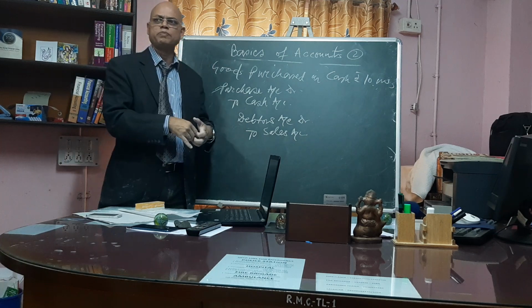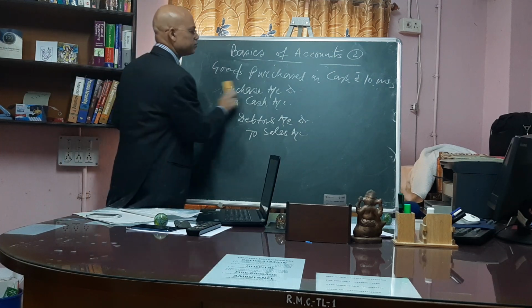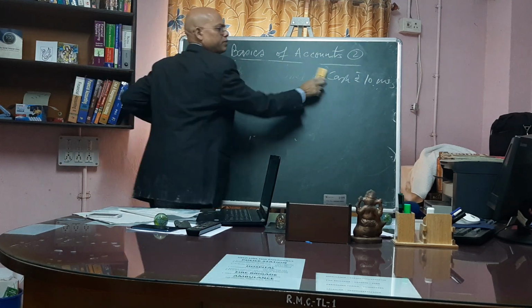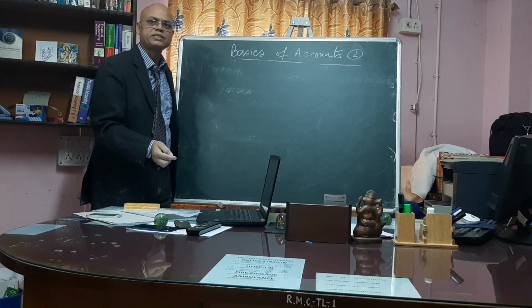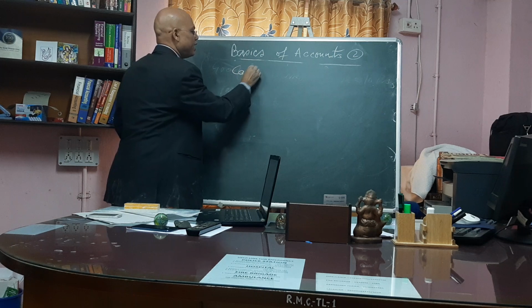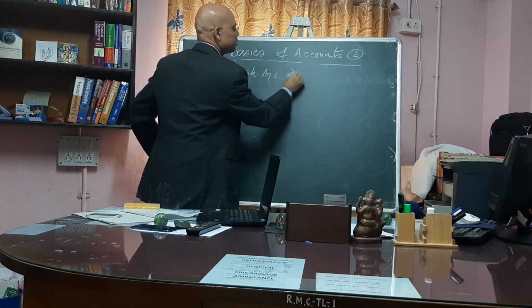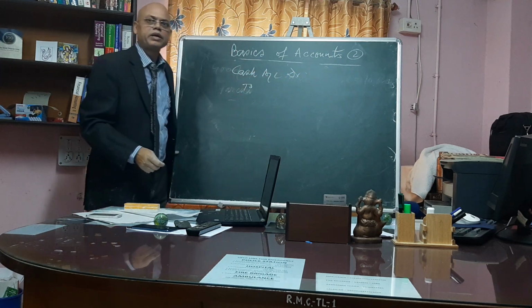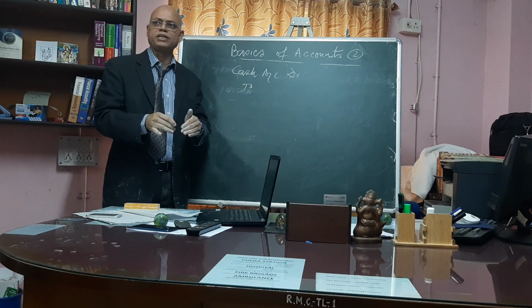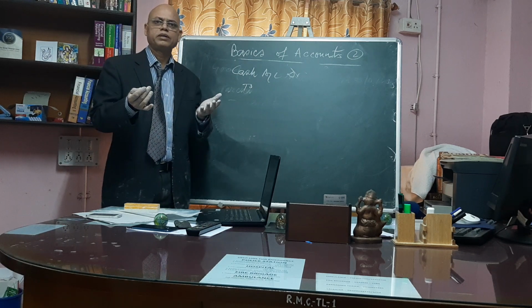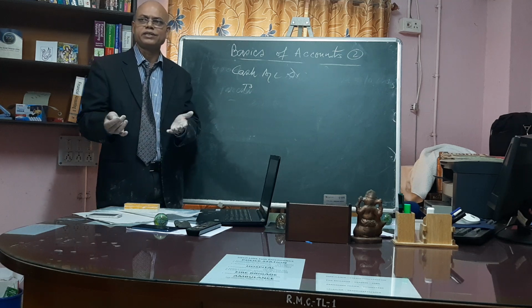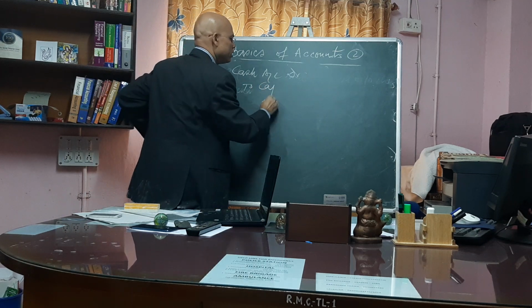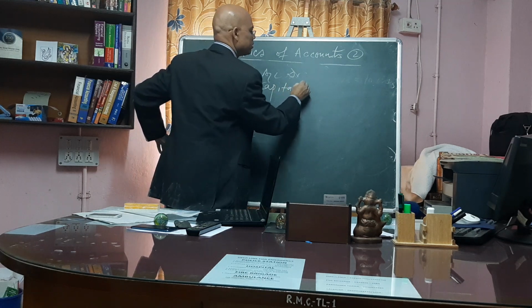If cash is introduced into the business, cash is increasing, the natural balance of cash is debit, therefore cash account debit. If cash is introduced as capital, capital is also increasing, the natural balance of capital is credit, therefore to capital account.